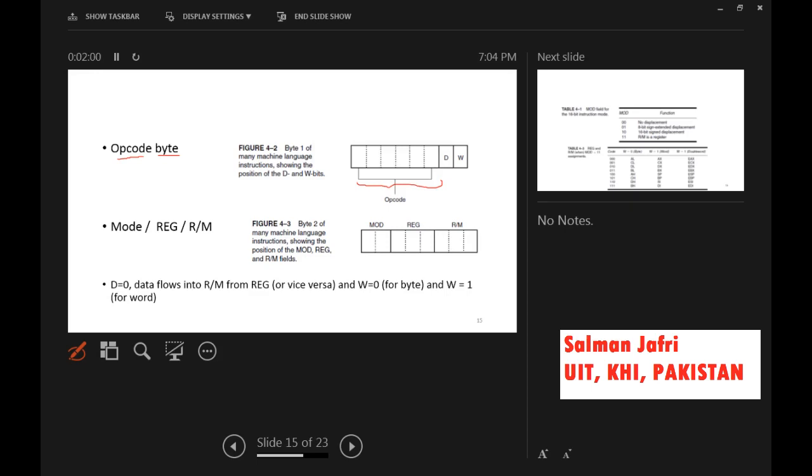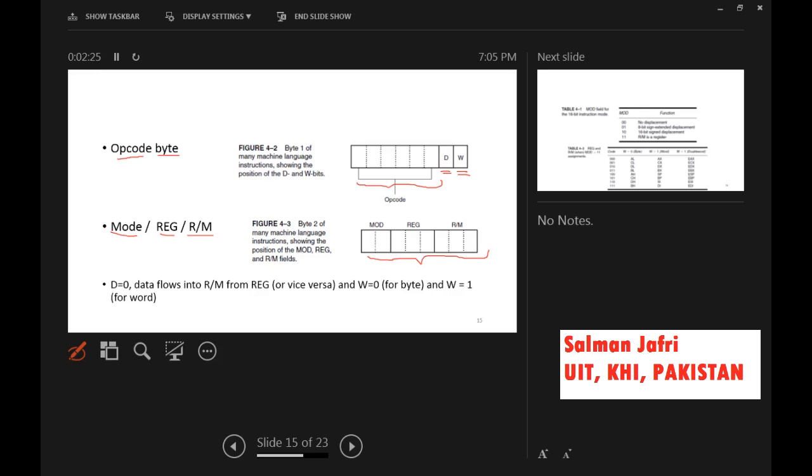Now this is the direction bit, and we'll look at it further, and this is again the width bit. Now the mode register and r/m byte is byte 2, and this is an important byte. Again, we look at it from an example and it will be much clearer.